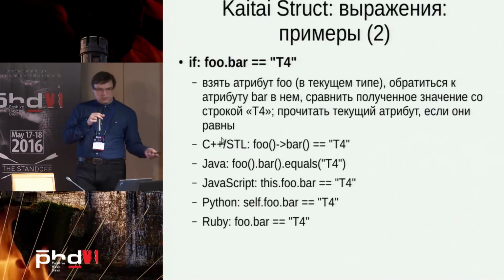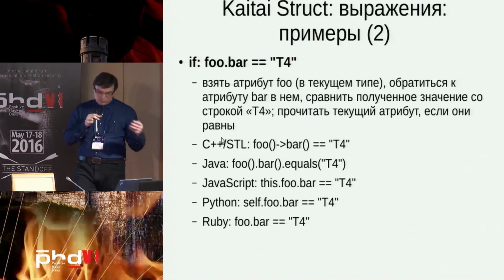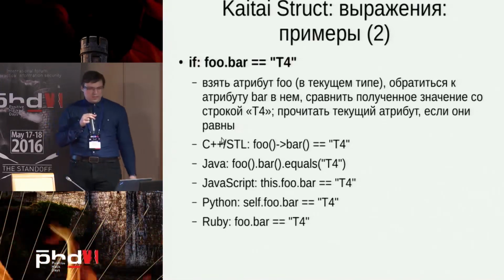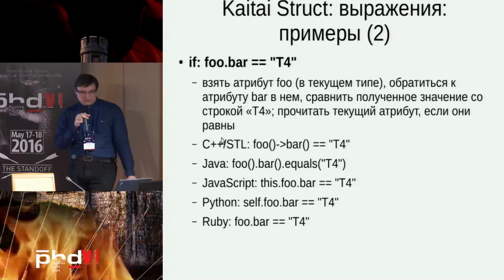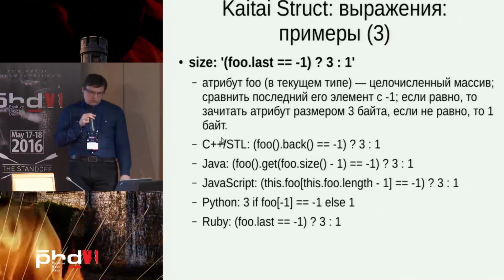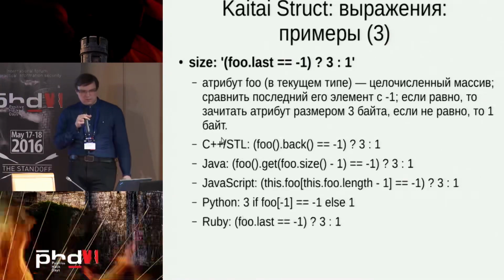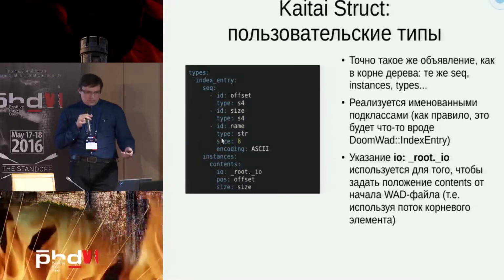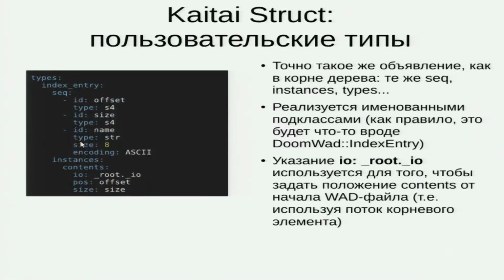You can specify that bar is the attribute of the next class, compare it with a T for a string, and it will correctly translate into the target language. You can create some more sophisticated conditions related to a ternary operator, and there are user types that are specified in the types column.